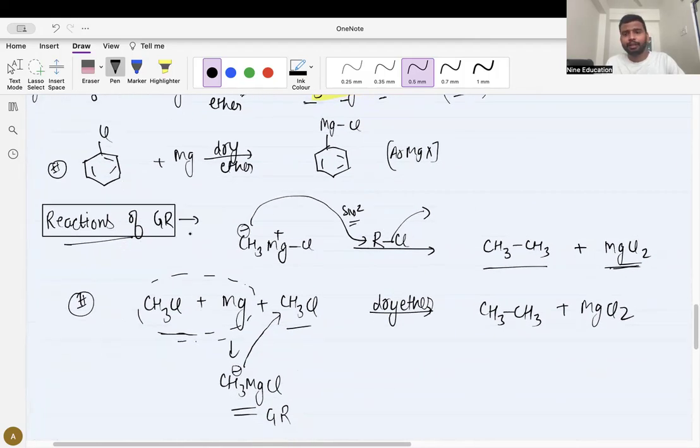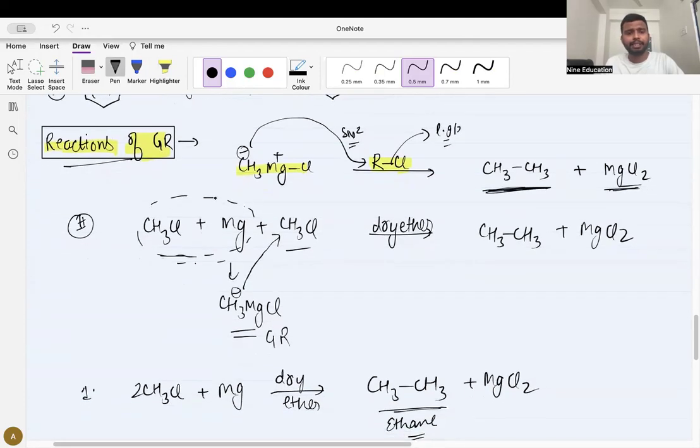Last is reaction of Grignard reagent. If I am making Grignard reagent, you can do SN2 with it. An SN reaction can happen. You can remove chlorine from here. This chlorine is a leaving group. You remove chlorine from here and you will get a CH3 bond.